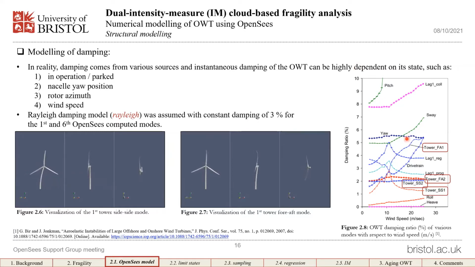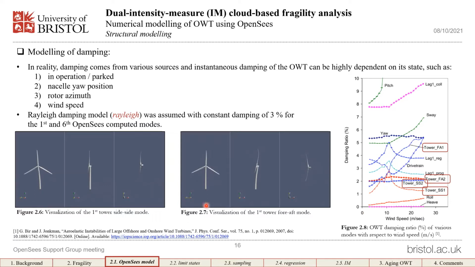On the right-hand side here, we have a figure showing the damping ratio of different modes with respect to different levels of wind speed. The first thing we notice is that the damping values are highly different for different vibration modes. And secondly, even for the same mode, the value of damping is not constant. It depends on wind speed.